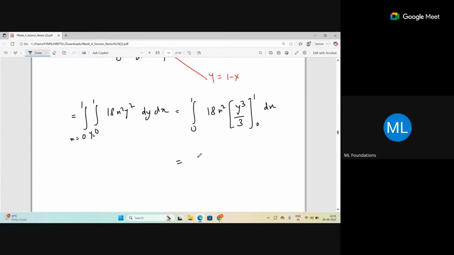So 18 x square times 1 by 3 dx, I will be left with the integral from 0 to 1 of 6 x square dx. Then 6 outside, and the integration of x square is x cube by 3, over the range 0 to 1.